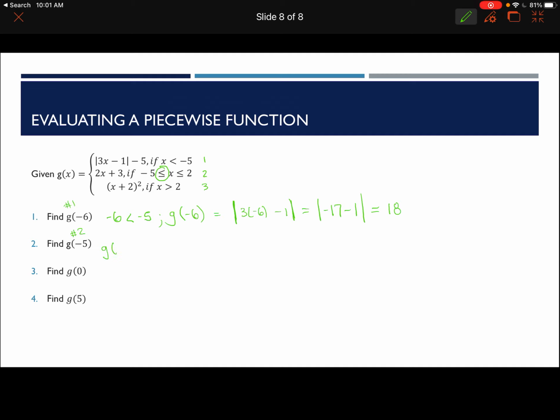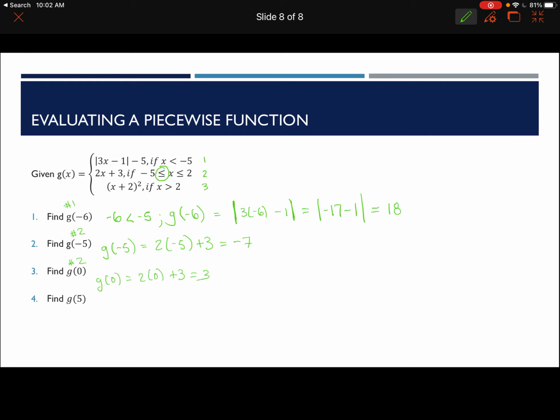So g of -5 is going to equal 2 times -5 plus 3, which is going to be -7. And g of 0 is also between -5 and 2. So we want to use equation number 2 again. So g of 0 is going to equal 2 times 0 plus 3, which equals 3.